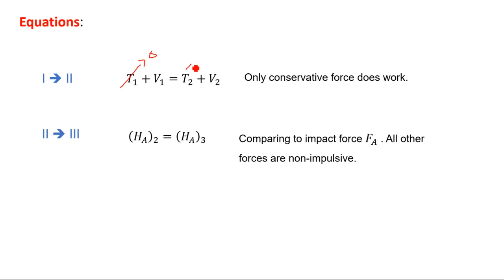And the T2 is going to be equal to half of the IB multiplied by the omega 2 square. V1 is going to be equal to 0 because it's the weight multiplied by the y1, which is 0, and V2 is equal to the weight multiplied by the y2, which was negative 0.2 meters. So this one is a negative value. Now we can say that the T2 is equal to the V2, and only the omega 2 is unknown, so we can solve for the omega 2.